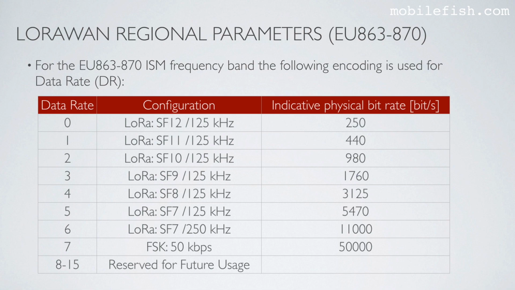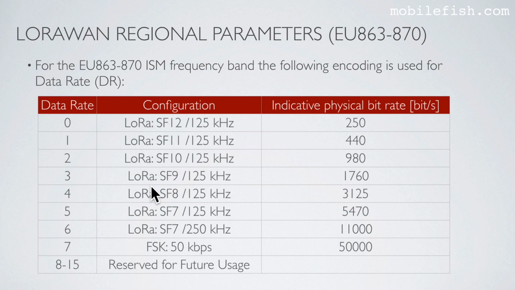So for the AU 863 to 870 ISM frequency band, the following encoding is used for the data rate. Data rate 0 means spreading factor 12 and a bandwidth of 125 kHz. Data rate 1 means spreading factor 11 and a bandwidth of 125 kHz, etc. As you can see, the bandwidth is the same, 125 kHz, except this one. The bandwidth is 250 kHz.